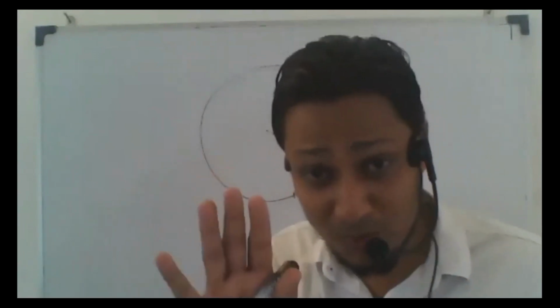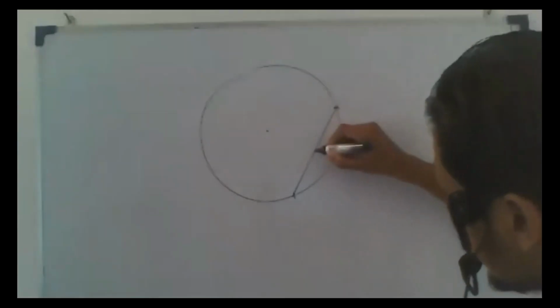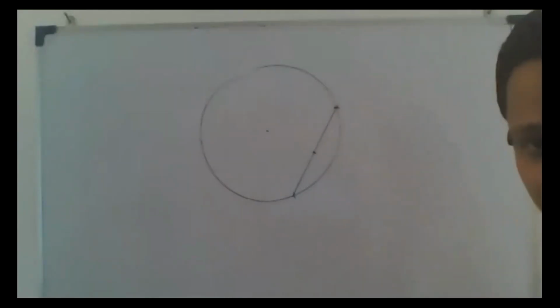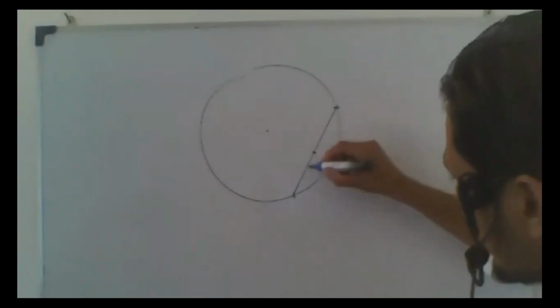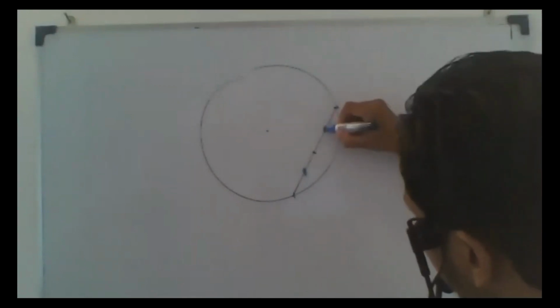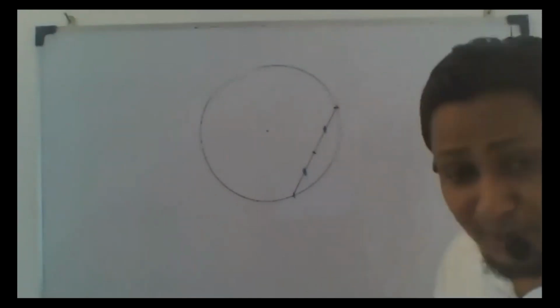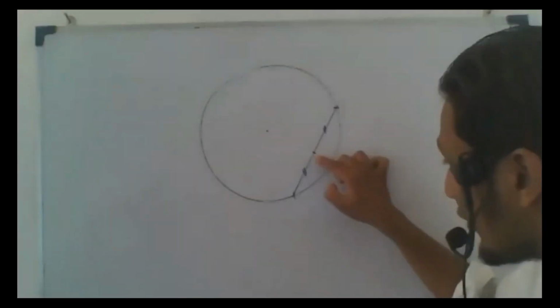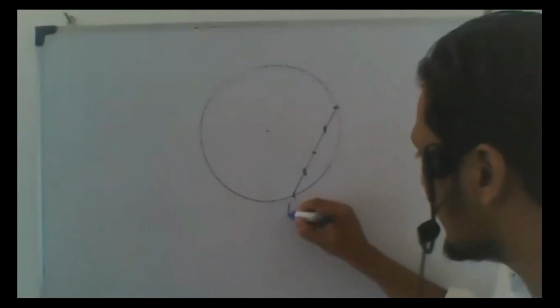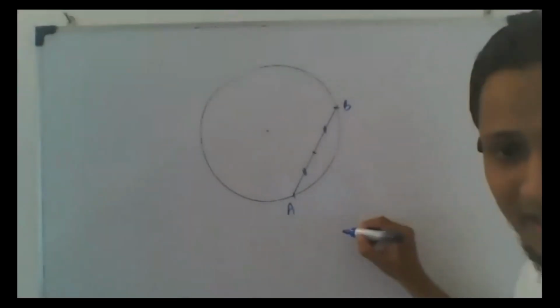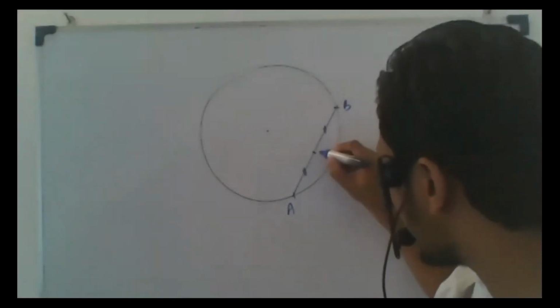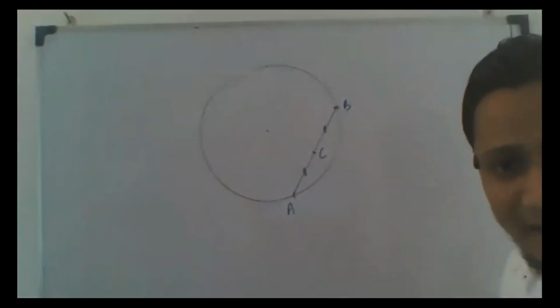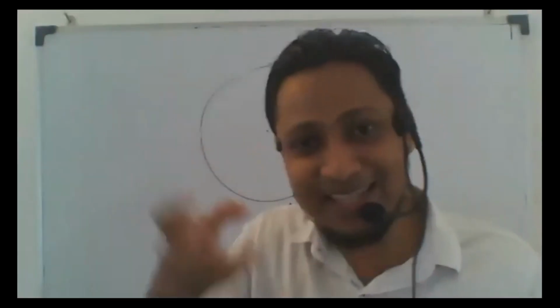Okay, I have a question. Look at this one. I'll divide this chord into 2 equal parts. When I divide it into 2 equal parts, what do we call this point? I'll mark this chord as chord AB, and I'm marking this point as C. Now I am asking you, what is that C?